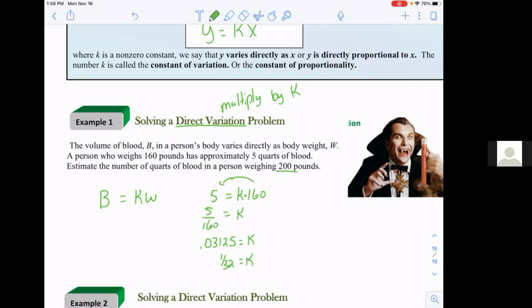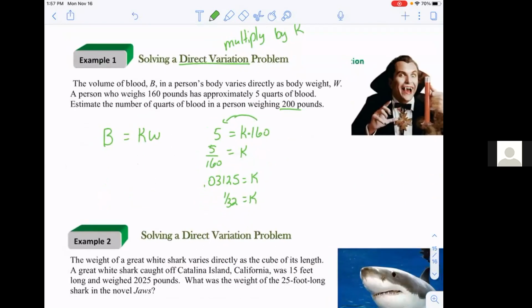So if we're supposed to estimate the number of quarts in a person weighing 200 pounds, blood is equal to 1/32 times 200 pounds. So let's take that times 200. And that's 25 fourths, or 6.25 quarts. Okay, so we have to remember on a direct variation, we're going to multiply.